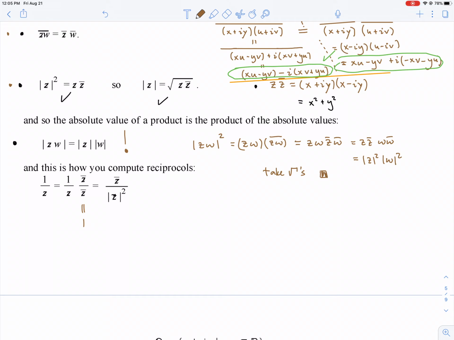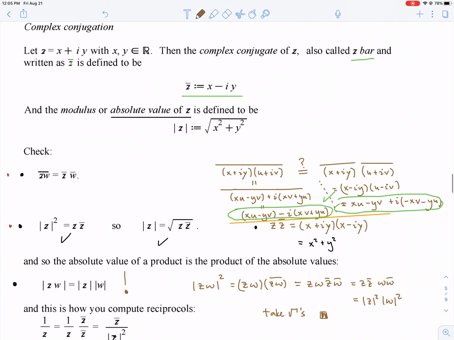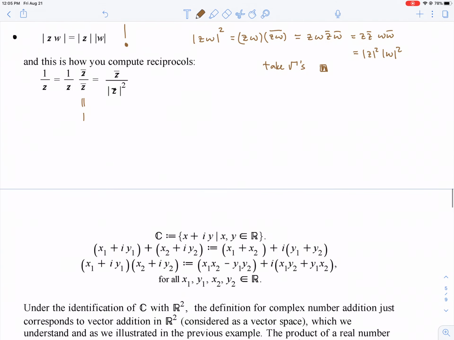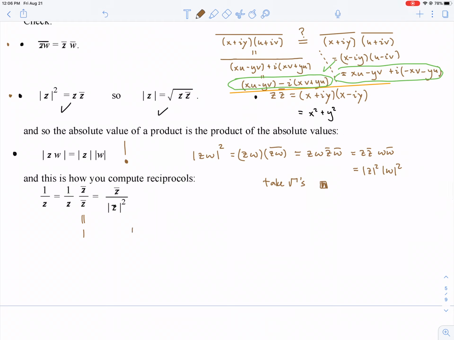So for example, in the original inverse computation, if I wanted 1 over 2 plus 3i in standard form, I just multiply by 2 minus 3i over 2 minus 3i. That gives me 2 minus 3i over 13, which is 4 plus 9.